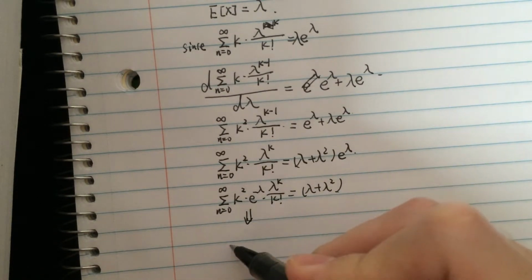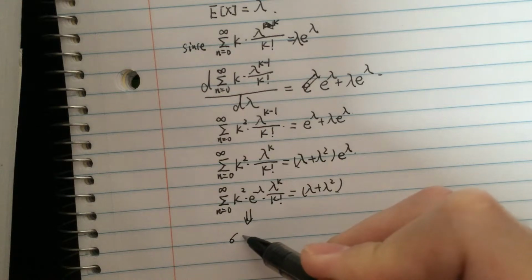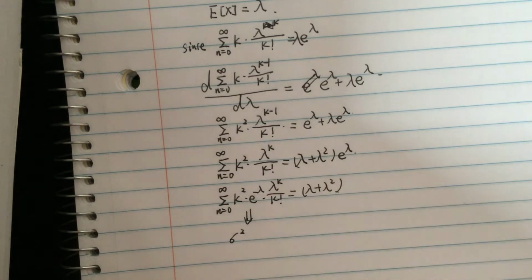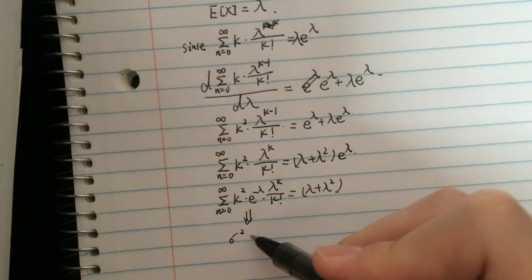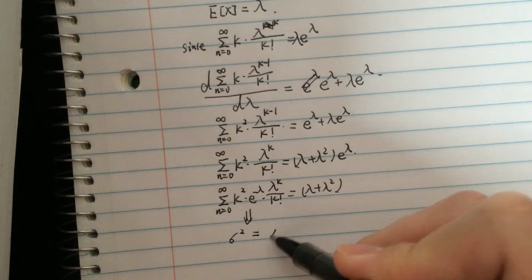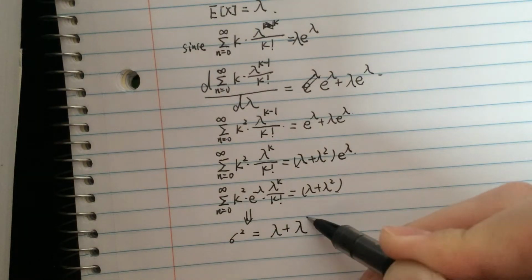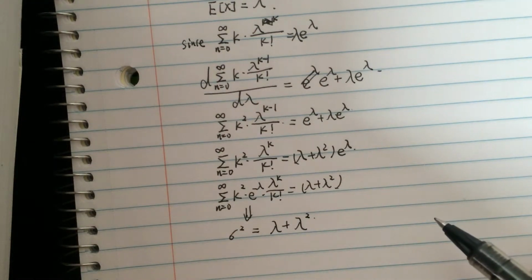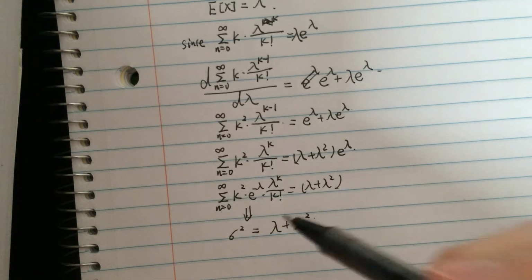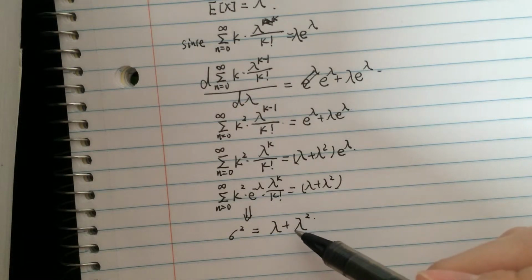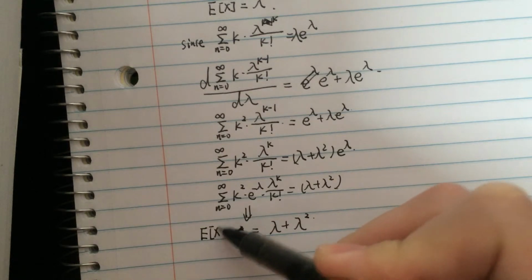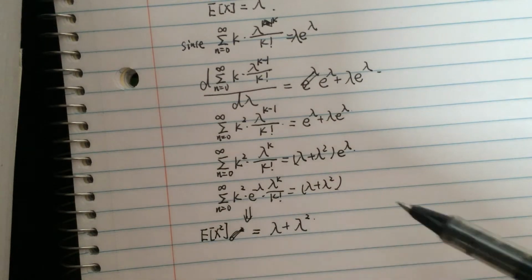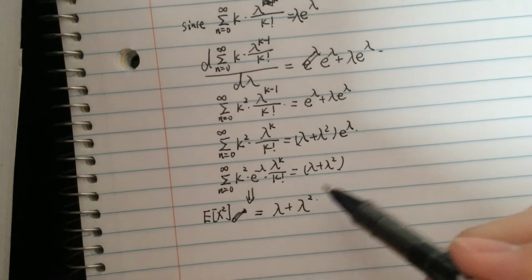Since this one is the second moment, it is equal to E of X squared, and it will equal lambda plus lambda squared.